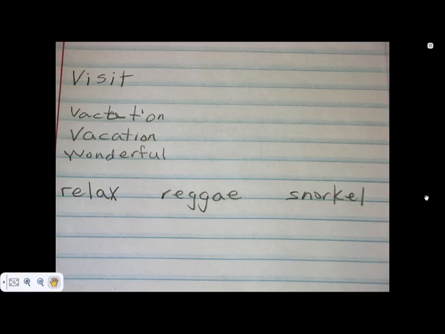I want you to tell me two words used to tell that Jamaica is a good place to visit. And then tell me, what is Jamaica? So I want you now to go ahead. I'm going to give you time to read the passage on your own, not with me, but on your own. So begin.